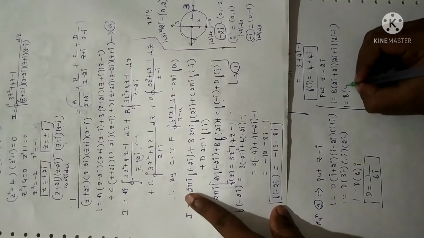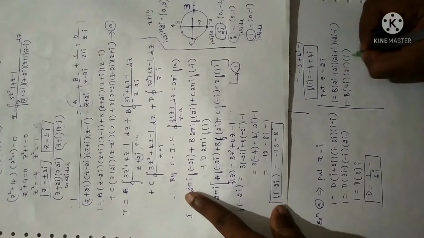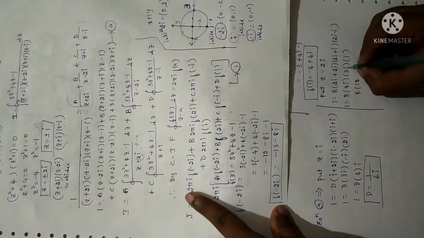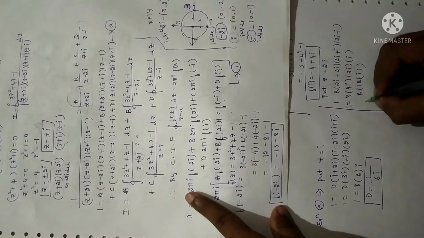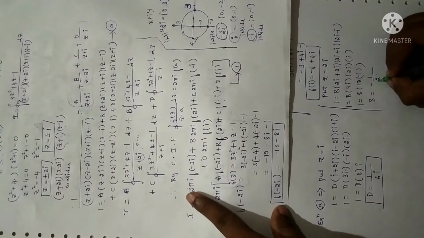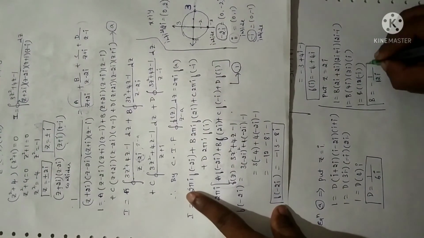Simplify: you will get 4i into 3i, and 2i minus i is i. So 4 into 3 is 12, i into i is i square, which is minus 1, into i is minus i. Clear? So you will get B as minus 1 divided by 12i. B is equal to minus 1 divided by 12i.